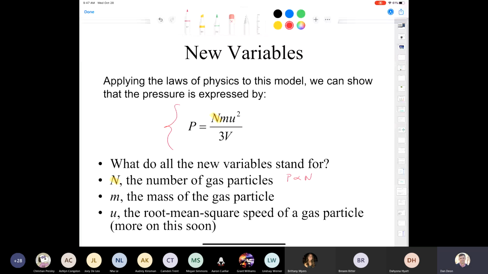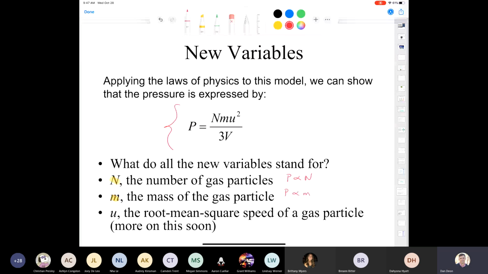Okay, what about m? Little m is the mass of the gas particle. Well, let's think about that too. It's telling us from the equation that since m is in the numerator, pressure is directly proportional to mass.